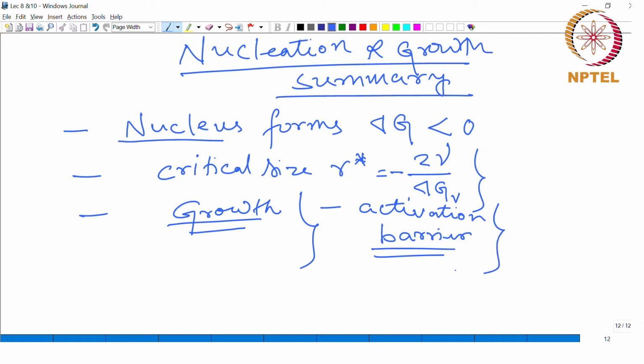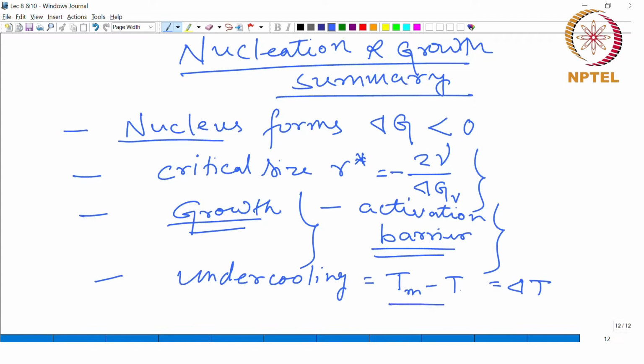So, for that attachment process, there is an activation barrier that has to be overcome for the solid to grow, and that is why you need undercooling when you cool the liquid below the melting point.